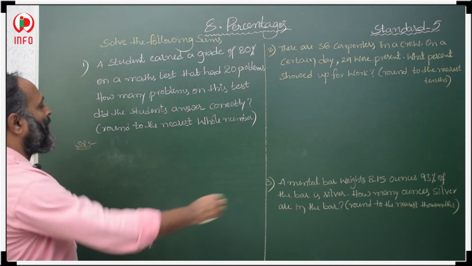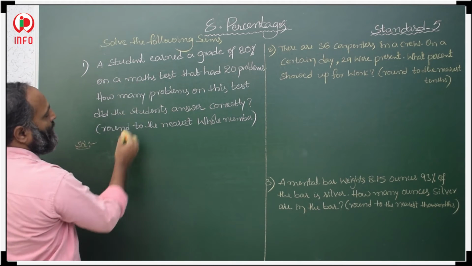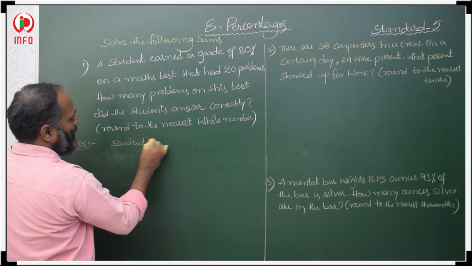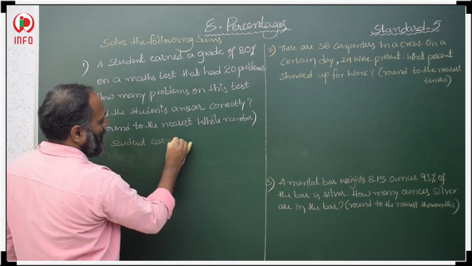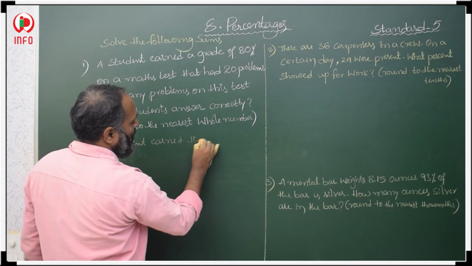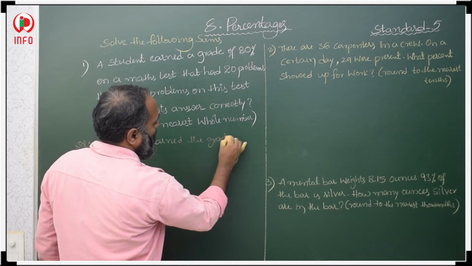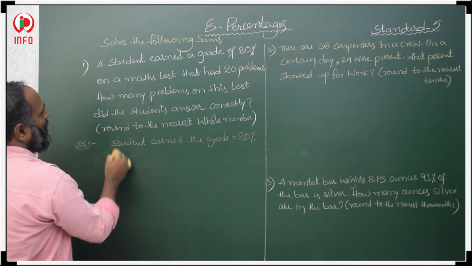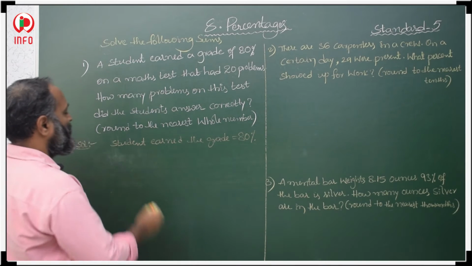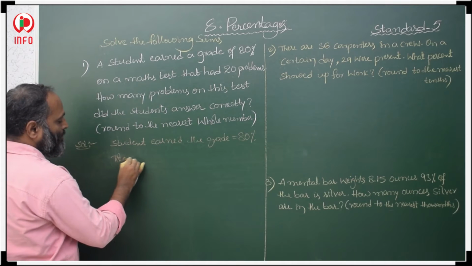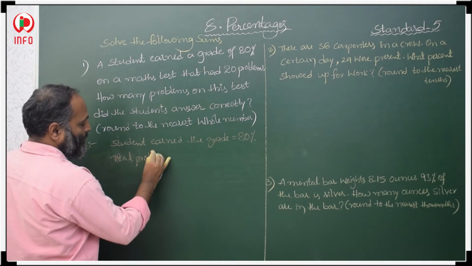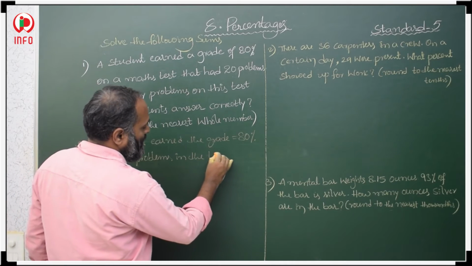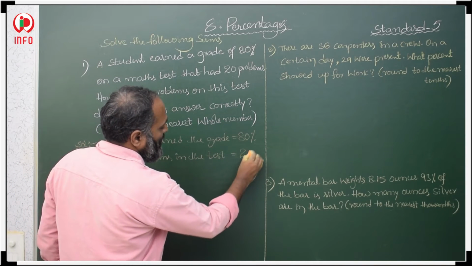Here first we have to take the grade. The student earned the grade, 80% grade he earned, on a maths test that had 20 problems, total problems in the test. 20 problems are there.